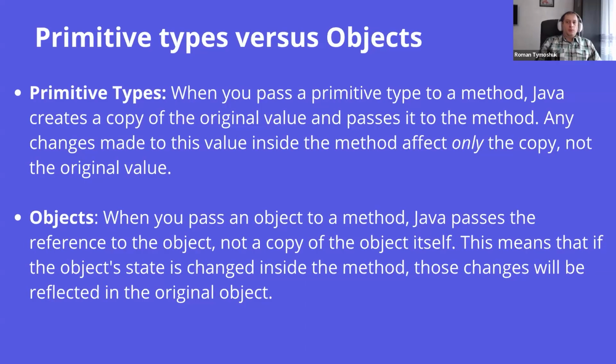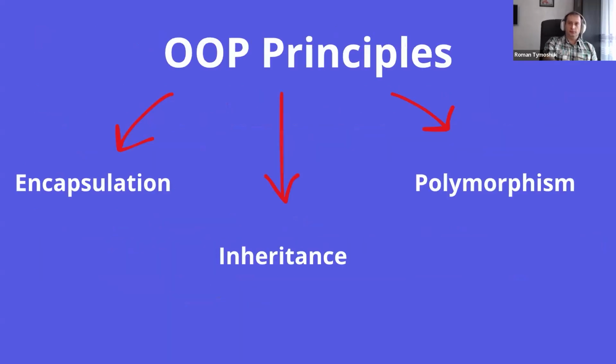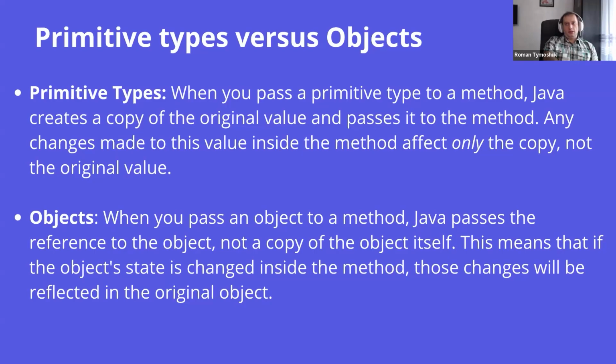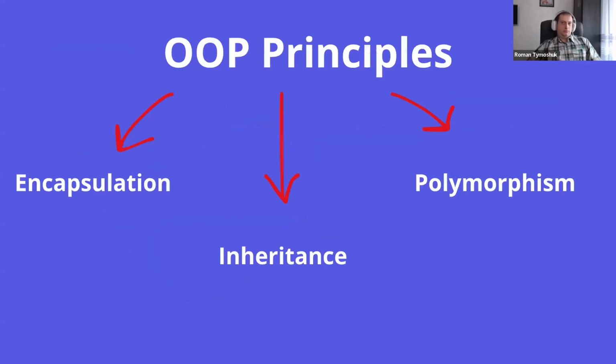We are not copying it, we are just passing the address. Technically, it's the same object. And it means if we change the state, any fields of this object, it will be reflected in other parts of the application. Good. I think we cleared this one. Let's go to the next.